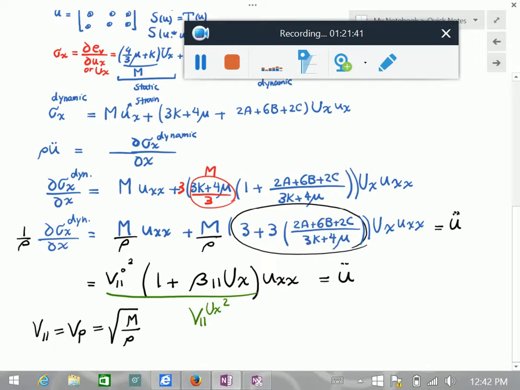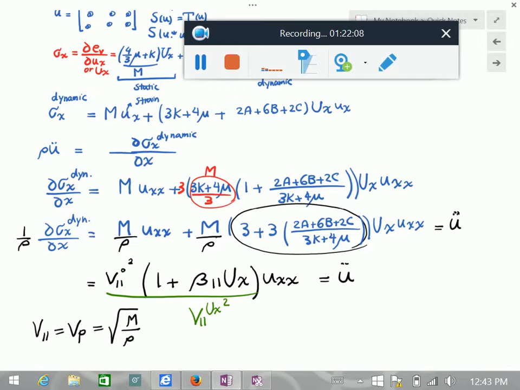So I have a relationship between the second time derivative and second distance derivative. Whatever is relating these two is velocity squared. This is wave equation. So I have now the relationship between velocity under stress and the original velocity.